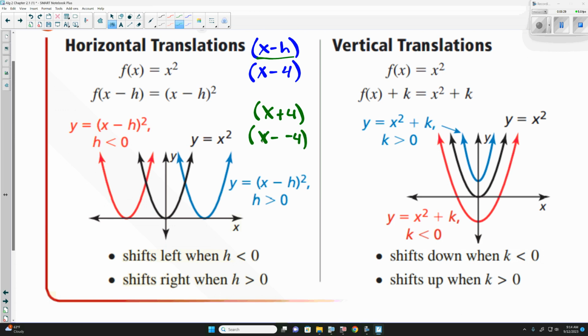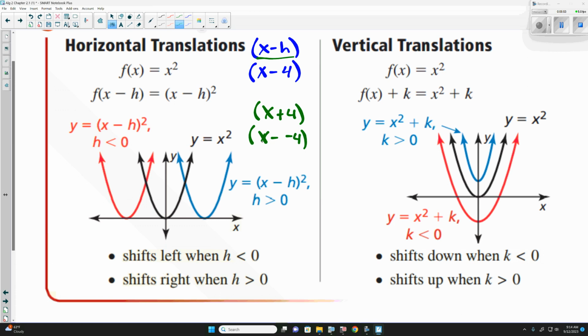So the value of h in this case is indeed negative 4, less than 0, left. The way we can look at it to make it easier is it's the opposite of what we think. If it's minus inside the parentheses, we're moving to the right. If it's positive inside the parentheses, we're moving to the left. Inside parentheses is opposite of what we think.